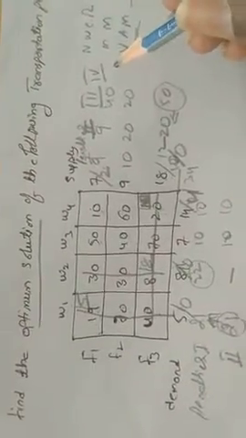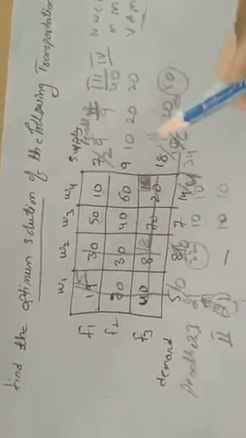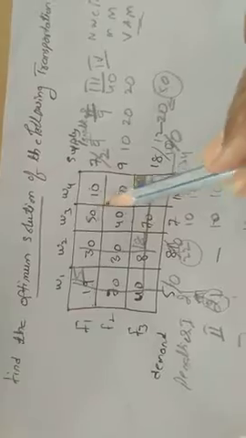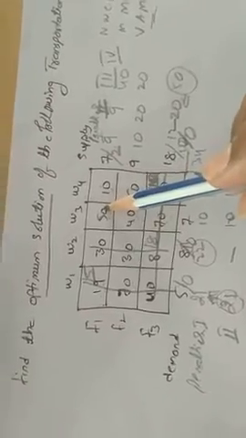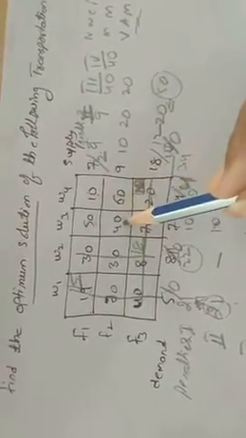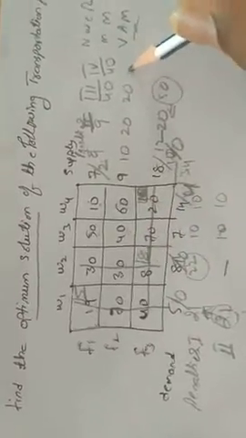So now identify the penalties for this matrix. Only this element, this element and this element are left. So penalties for this F1 row: 50 minus 10, 40 is there. Next is the 60 minus 40, 20 is there.